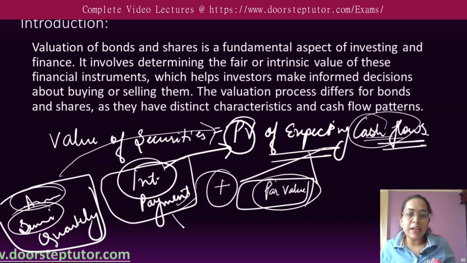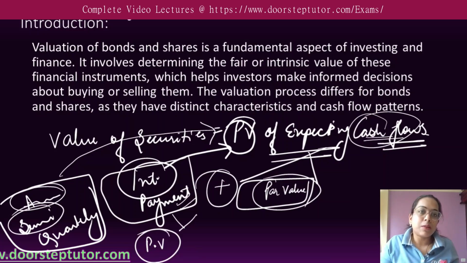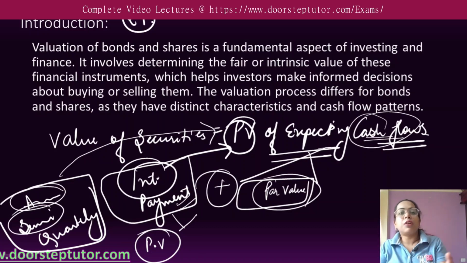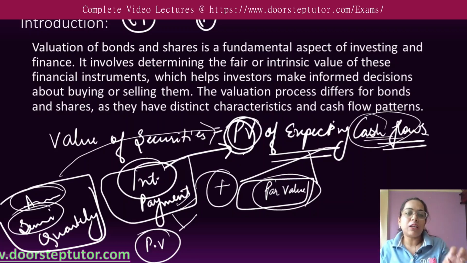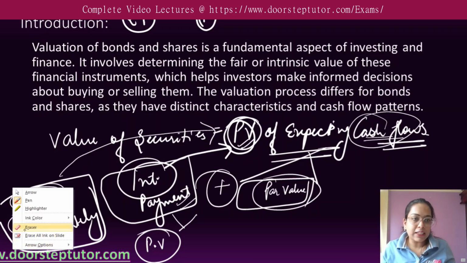So the investor has to see its present value, because the basic principle says that the rupee 1 that you invest today is worth more than the same rupee that you will receive in future. So you have to convert it into present value. You have to see the worth of the money that you will receive in future in present terms.